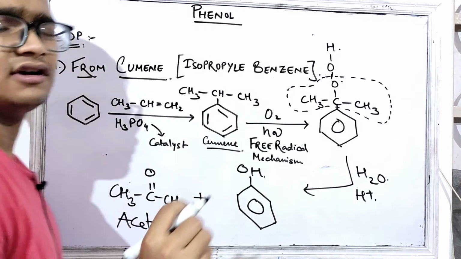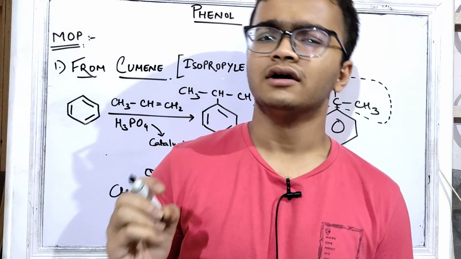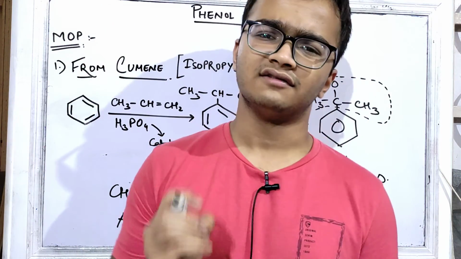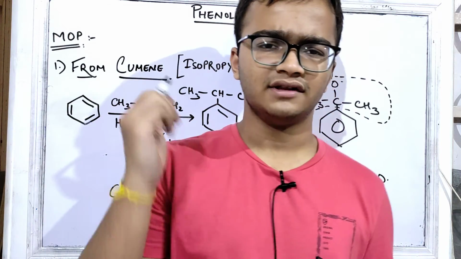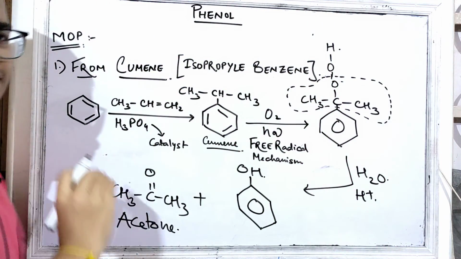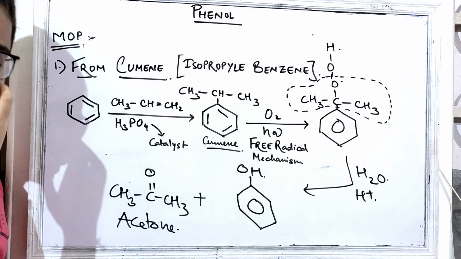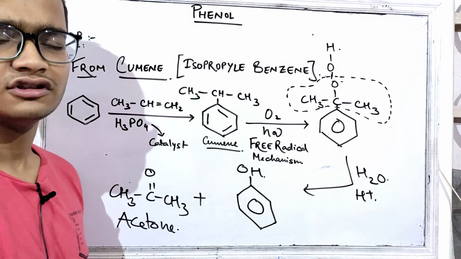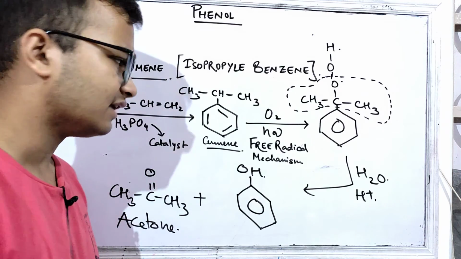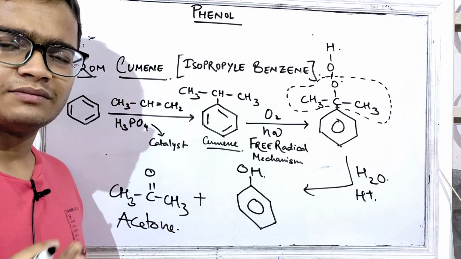This was about the method of preparation of phenol from cumene or isopropyl benzene. What we do is simple. We take benzene, we treat it with propene in presence of H3PO4, which is phosphoric acid. This is the Friedel-Crafts alkylation. We get cumene or isopropyl benzene.